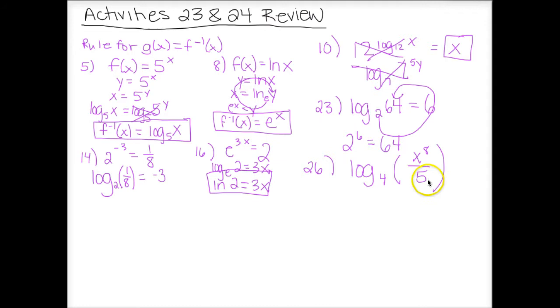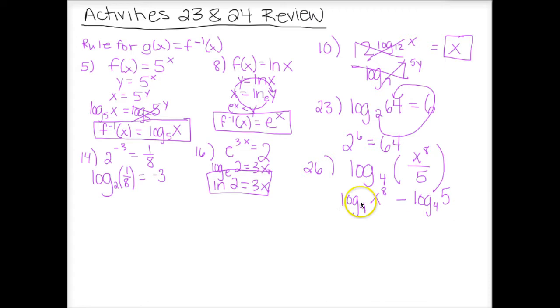So directions here, you had to expand it. So when you're expanding, you're using the properties and making it longer. So you're separating it into multiple logarithms. So division, you should know, separates into subtraction. Base stays the same. So log base 4 of x to the 8th minus log base 4 of 5. Numerator minus denominator.